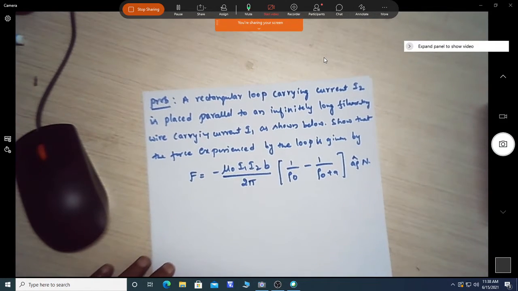So this much force is exerted from the loop on the infinitely long current carrying element. So we have to show this one.